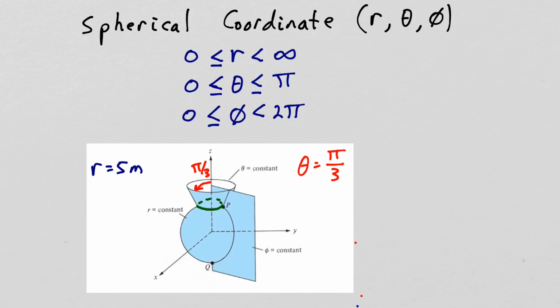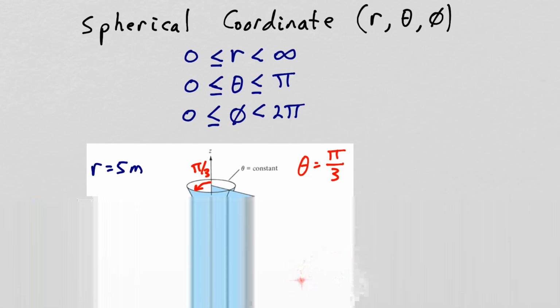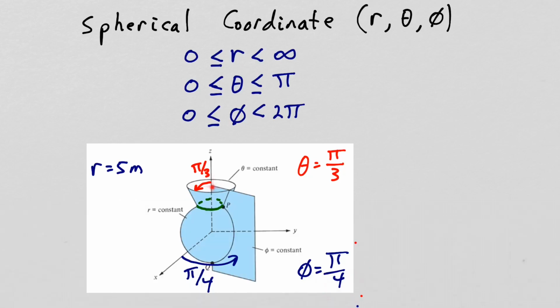If phi is equal to, say, pi over 4, it would define this plane right here, and we see that it intersects our circle at one point, the point P here. So the point P is the intersection of three surfaces, a sphere, a cone, and a plane. Right at our point, the three surfaces are all orthogonal.